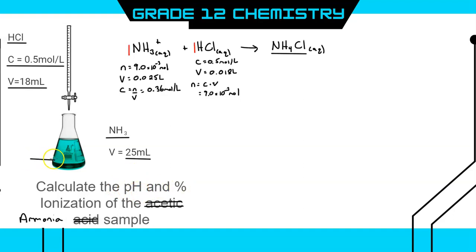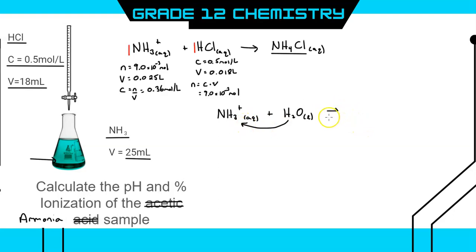So let's see what was happening in that original weak base solution. We had ammonia colliding with water. In this case, one of these hydrogens from water is going to ammonia.